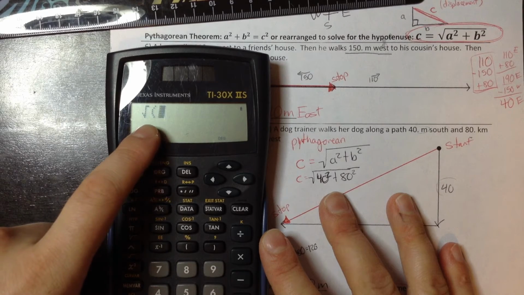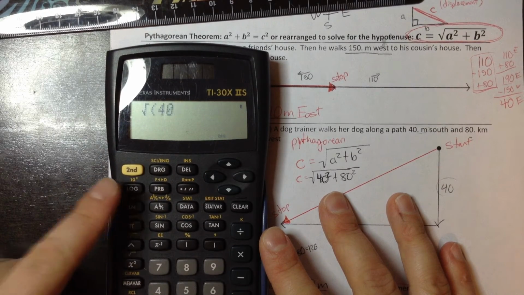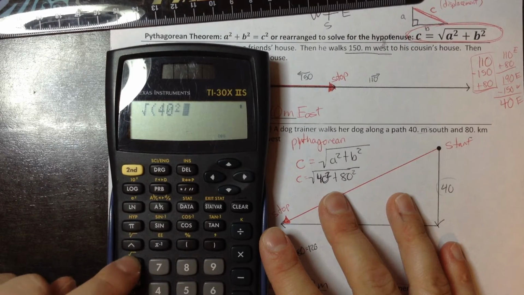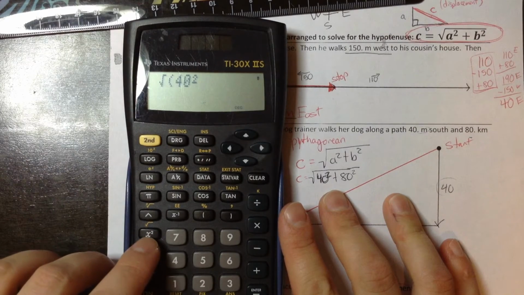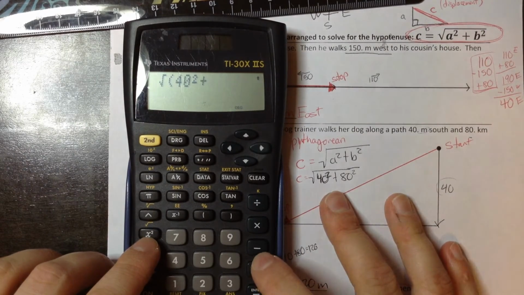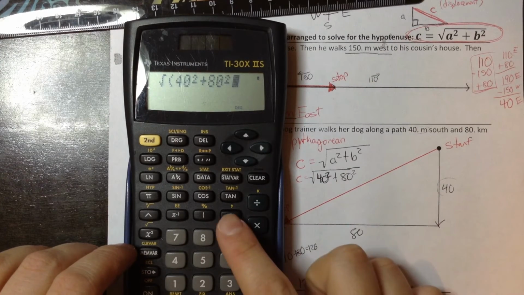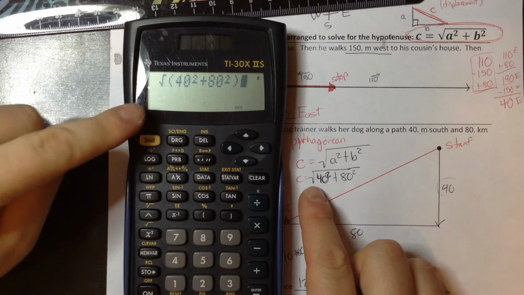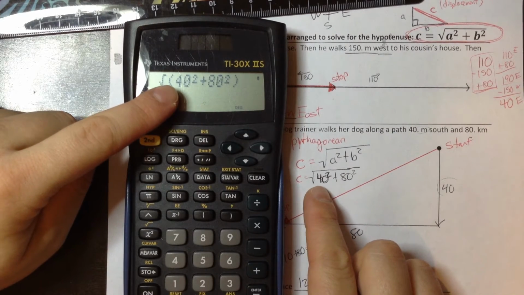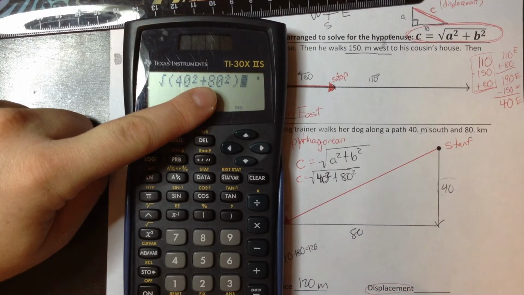Now type in the 40, and that same button without the second gives you the squared. It's the button right next to the 7. Then plus, and then 80, and again squared. Good habit, close the parentheses. So this is the square root of 40 squared plus 80 squared. Enter.